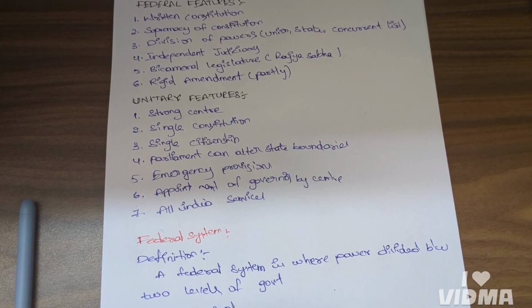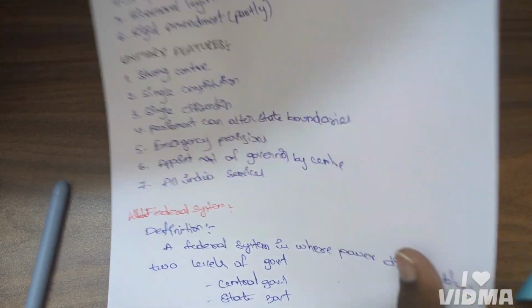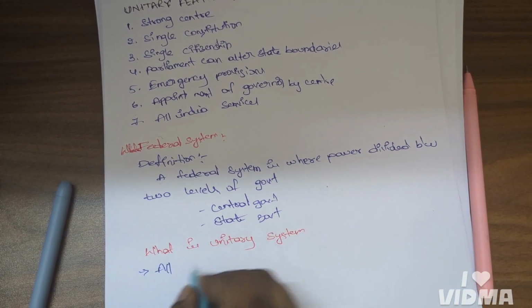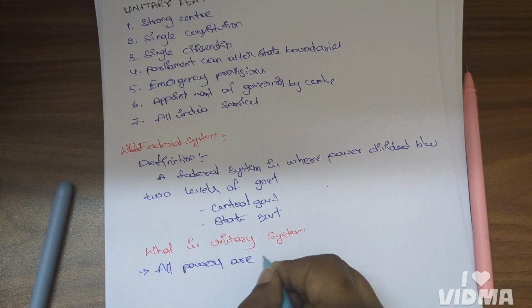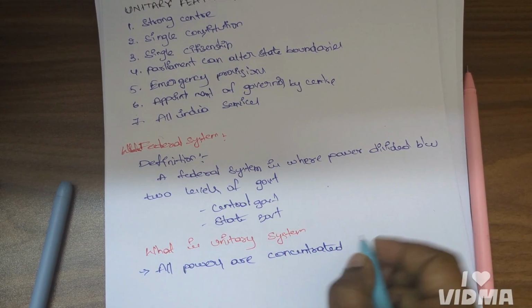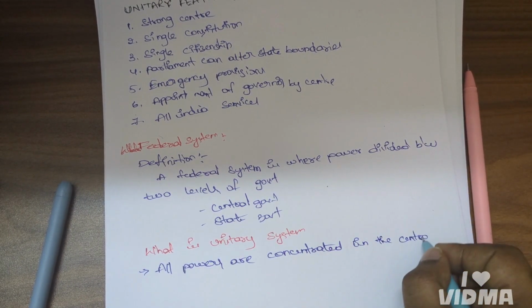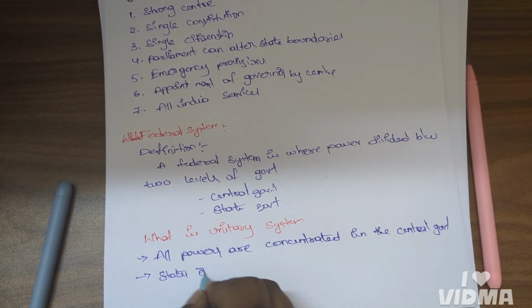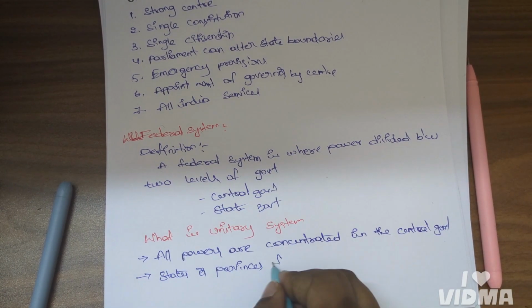And next, what is a unitary system? In a unitary system, all powers are concentrated in the central government only. States or provinces function under the control of the center. Example: UK, United Kingdom.